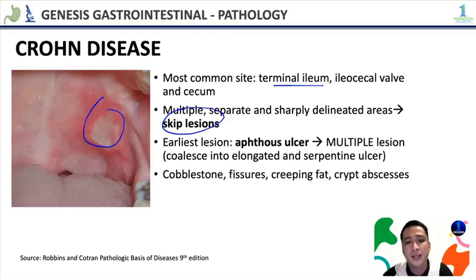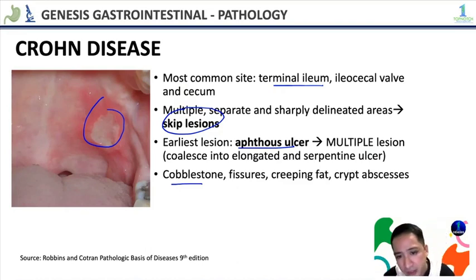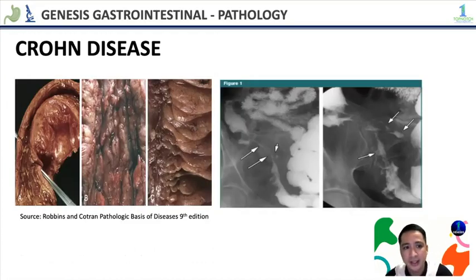Again, the earliest lesion, usually the aphthous ulcer, coalesces and appears serpentine-like along the axis of the gastrointestinal tract being involved. Cobblestone, this is the key word. Cobblestone appearance. Fissures, creeping fat necrosis, and abscesses. So makikita natin yan. Okay.